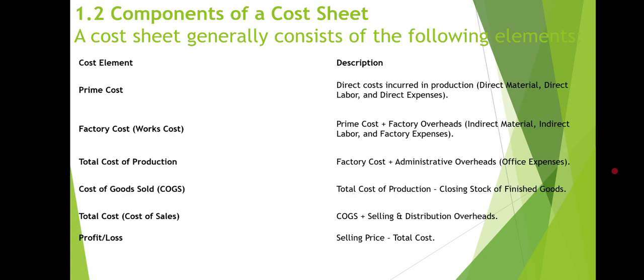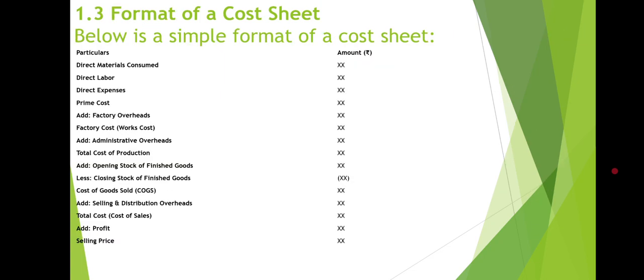That is, we also call it COGS, total cost of production minus closing stock of finished goods. And next we have total cost, that means the cost of sales, that means the cost of goods sold plus selling and distribution overheads. Next we have profit and loss, that means selling price minus total cost, that is called profit or loss.